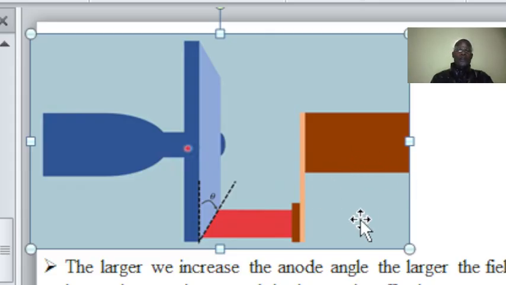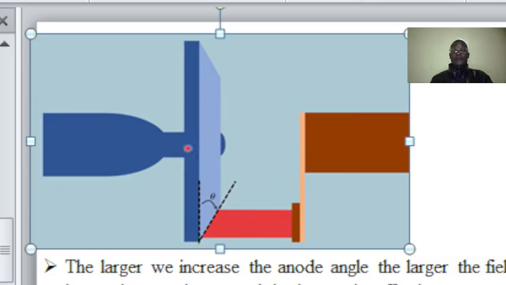Now, when you increase the anode angle, then we expect the beam to be very large. And when the beam is large, then we expect it to interact with the anode at a very large space or very large spot. And once that happens, then automatically the effective spot also is going to be large.